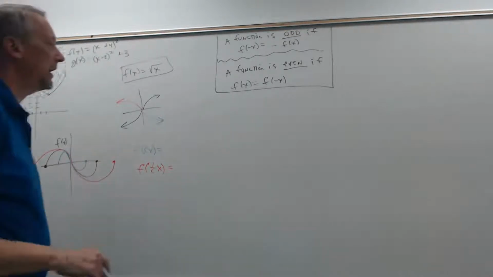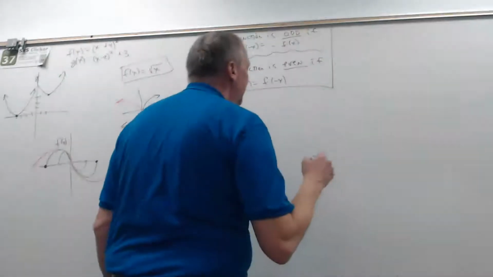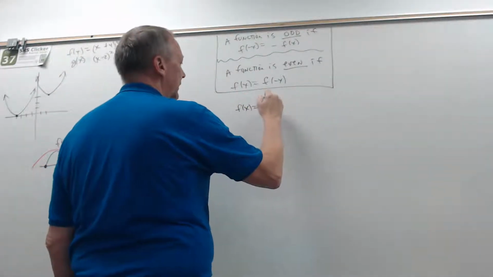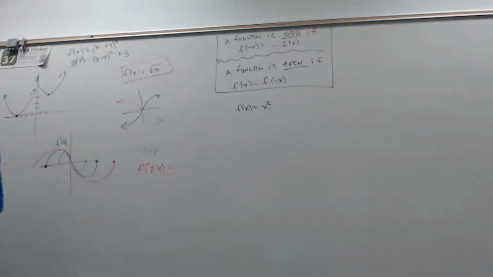So we'll try to do a couple of easy ones first. f of x equals x squared. Now, if you were to guess without doing anything, Niels, what would you guess?